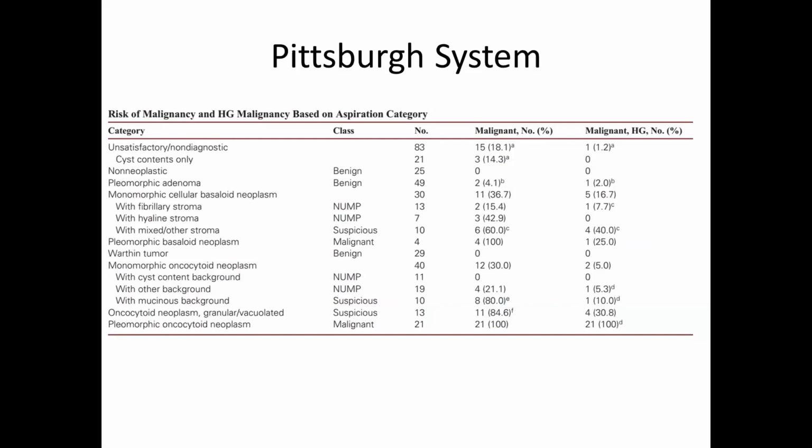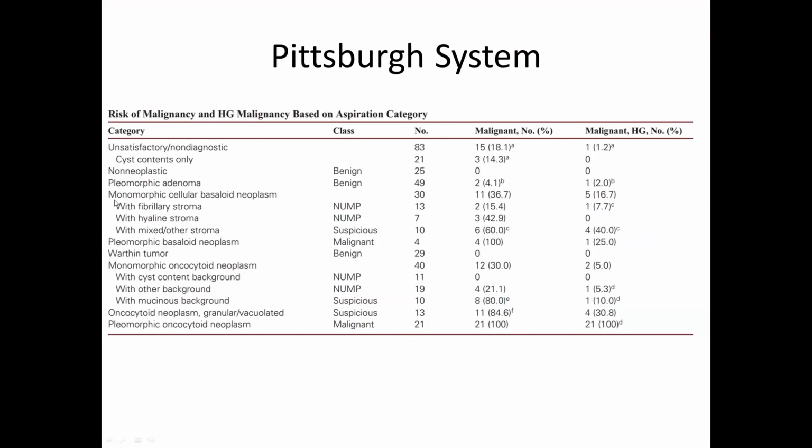And so they took a very novel approach. What they did was look not at the individual diagnoses and individual neoplasms and entities, but at the various morphologic patterns that you see in these aspirates, and to each of these patterns, they assigned a risk of malignancy.